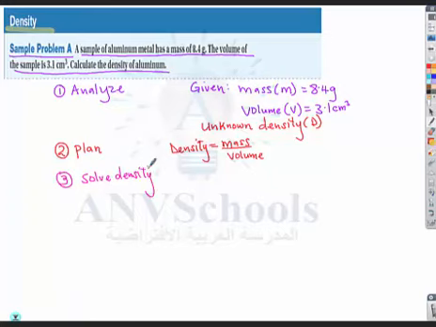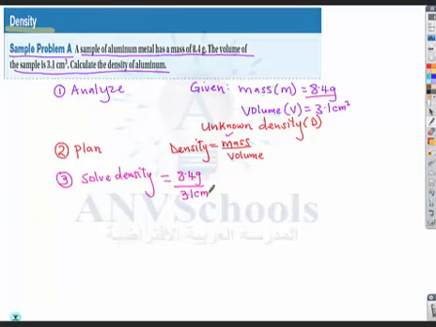So we have to find the density here, and given that we have the mass being 8.4 grams, we have the mass 8.4 grams divided by the volume 3.1 cubic centimeters. So the question is, what is the answer here?